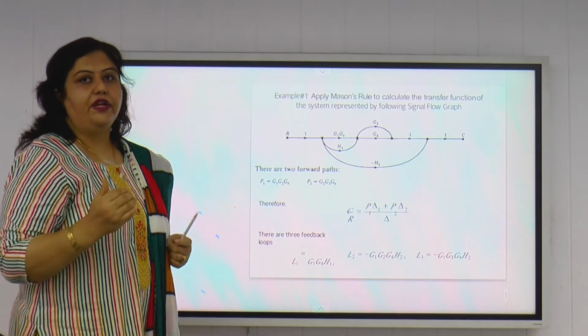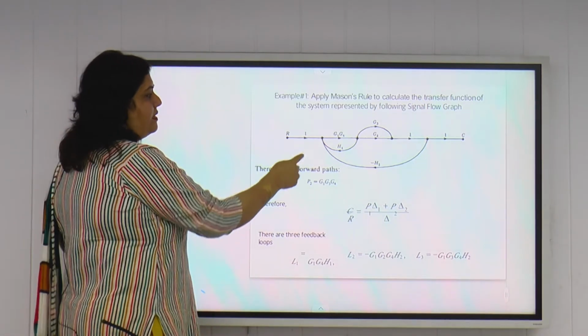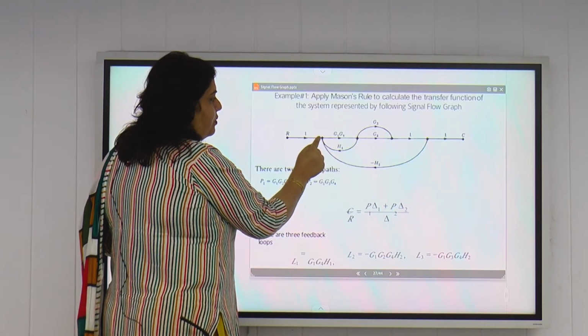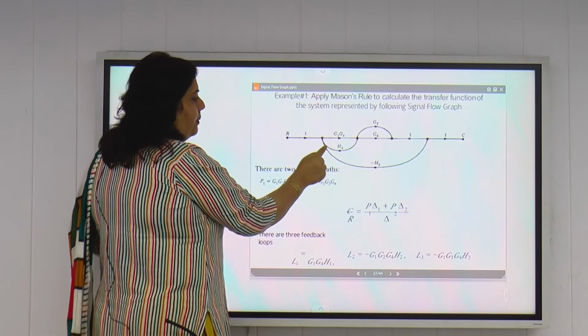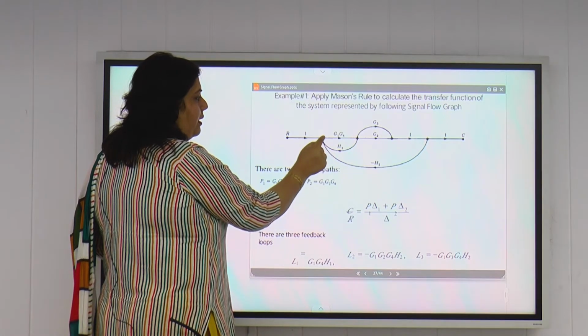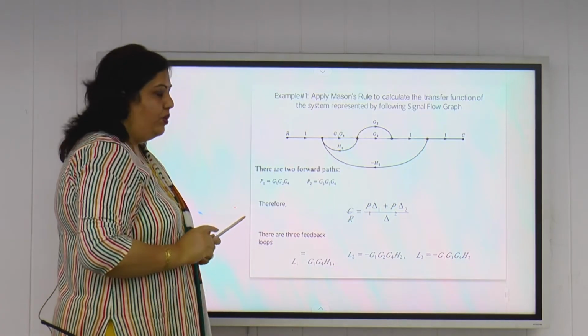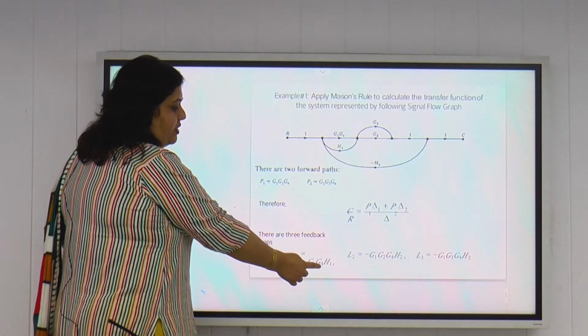So now we have to identify the loops here in this SFG. As we can see in this SFG, we have one loop: we start from this node, we go through this forward path, then we come to this feedback path and again come to this node. So G1, G4, H1, this is the first loop, having the transfer function L1 equal to G1, G4, H1.